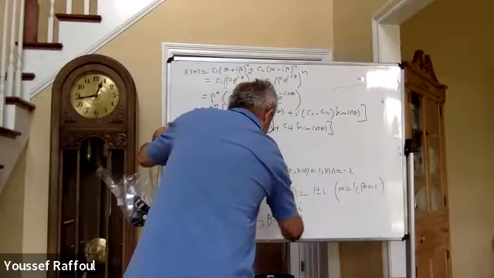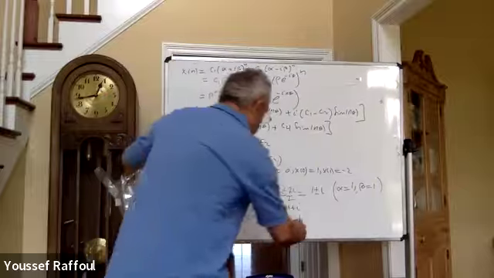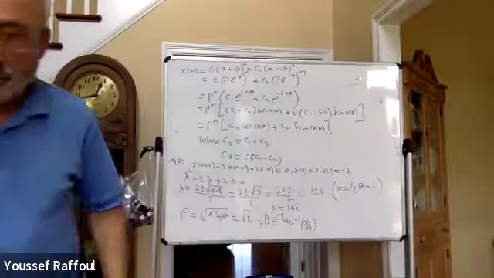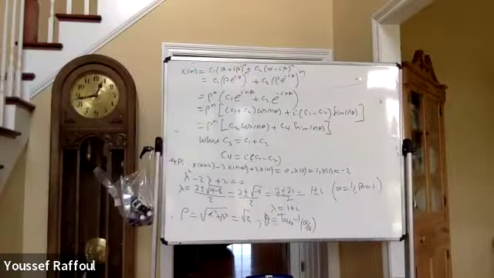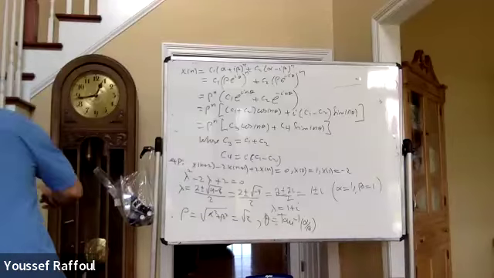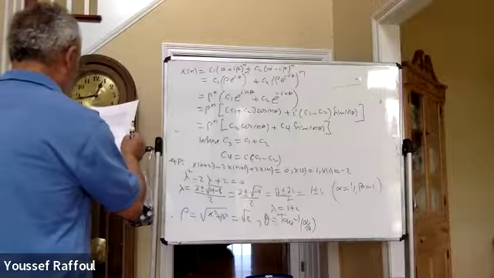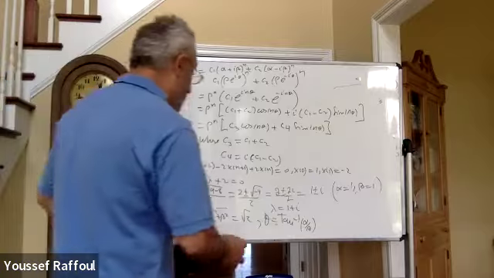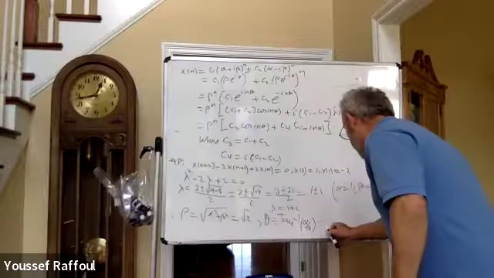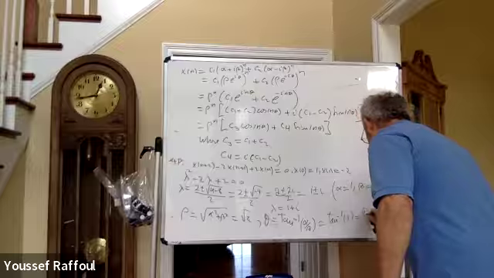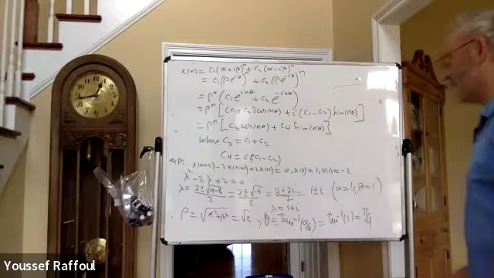It is tangent inverse of beta over alpha. That is tangent inverse of 1, and that is pi over 4.